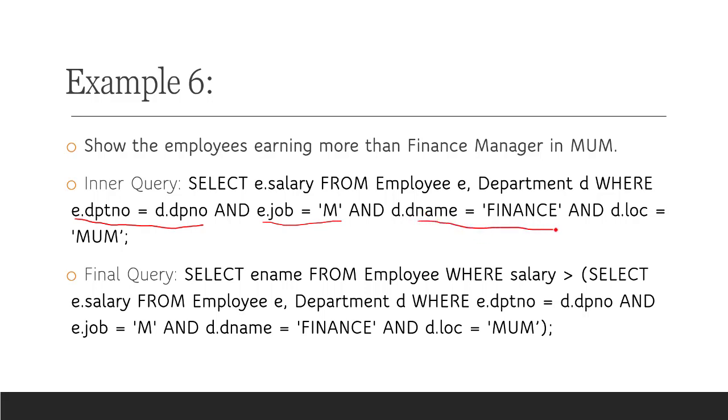So the inner query gives me the salary of the finance manager in the Mumbai location. Now, when I get that salary, we need to get the employees who are getting more salary than that. So: select ename from employee where salary is greater than the inner query. The total query will give me the desired output.